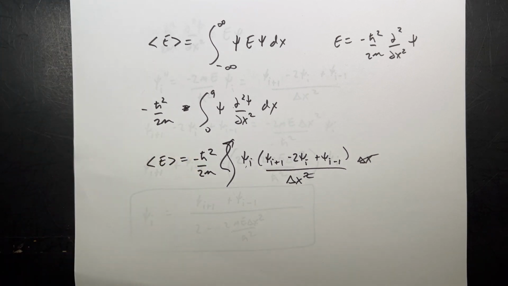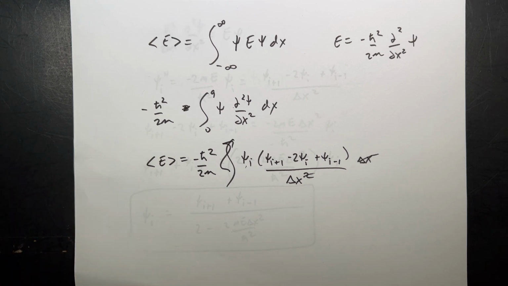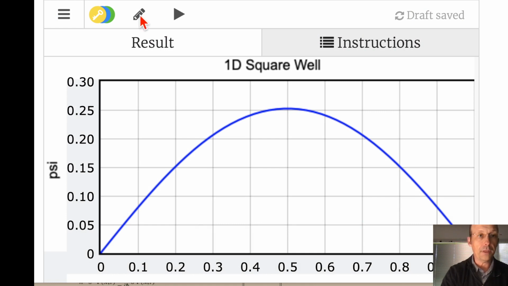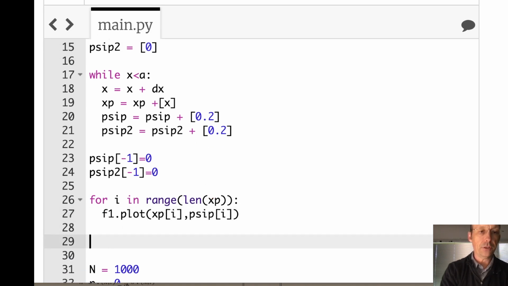So let's make this as a function. I'm looking at the time. Doing okay with the time. I'm going to come down, let's just put it right here. Make my function def E x, because I have an E. I want to give it my value of psi, my psi plot.